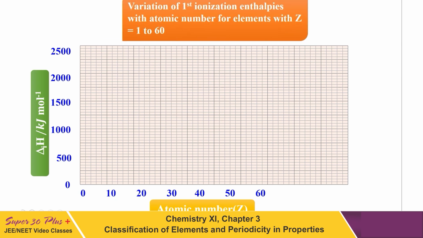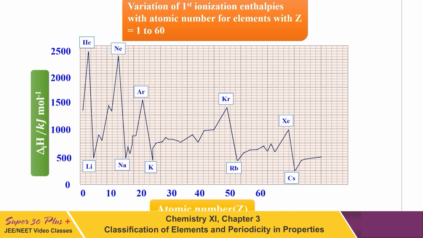This is the trend and variation of the ionization enthalpy of the atomic number 1 to 60. Here you go. So this is how ionization energy changes from element 1 to 60. Now one more question is there, what is the trend?